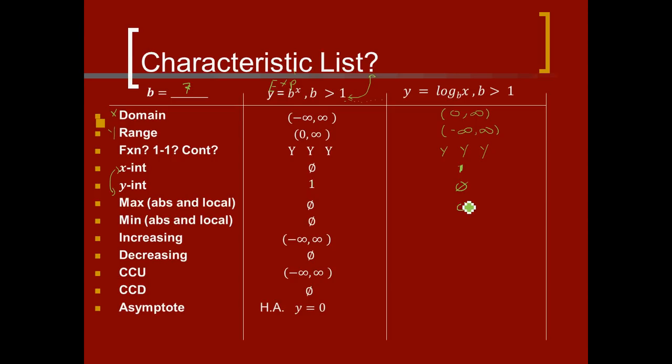They both have no absolute or local mins or maxes. With a base of 7, if the exponential graph is horizontal asymptote, slide, swoosh, the log graph is horizontal asymptote, slide quickly, swoosh slowly.